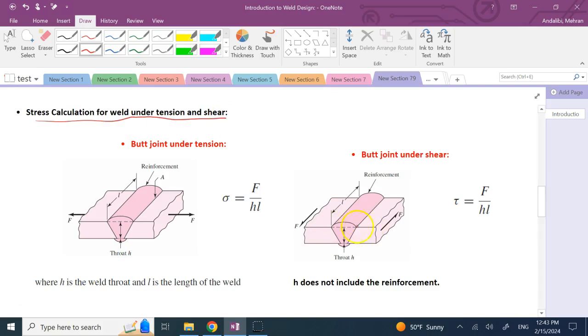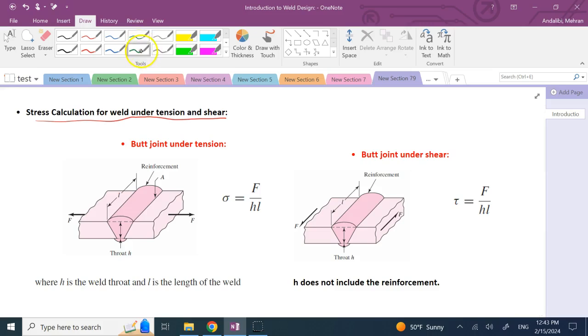When you weld two parts together, depending on how those two parts are connected and what kind of load is applied to the welded joint, there might be different formulas and different scenarios. So here we just look at some of them, not all possible scenarios. This is not an exhaustive list.